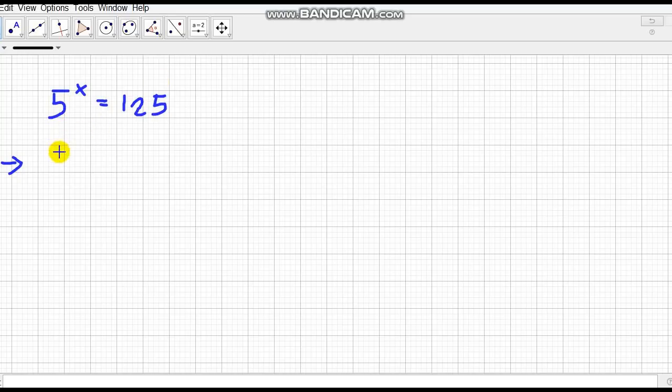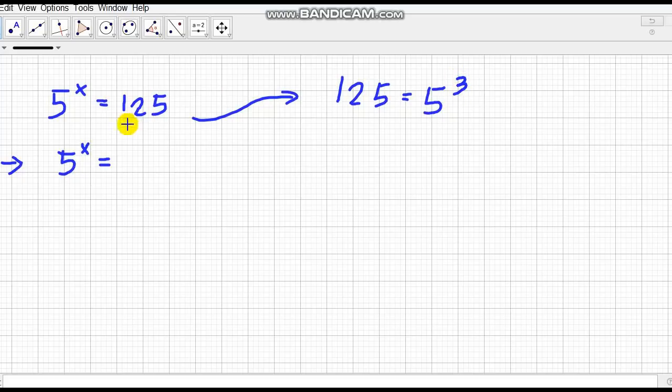So we have 5 raised to x. The thing that we do here is we will write 125 as a perfect fifth power. Take note that this is not always possible. We only do it if it's possible. And in this case, it is possible for 125. Take note that 125 is 5 cubed. So we will write 125 as 5 cubed.